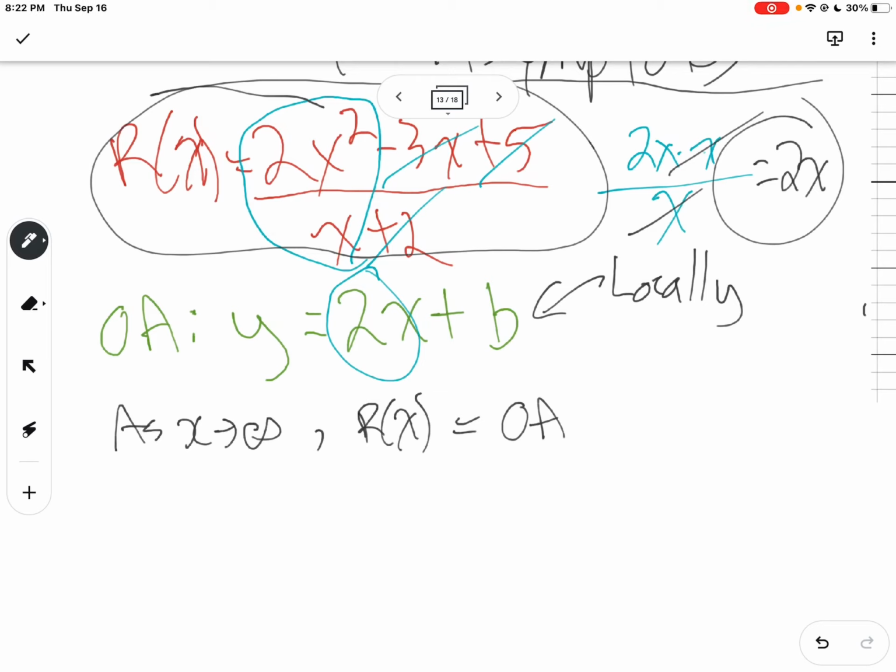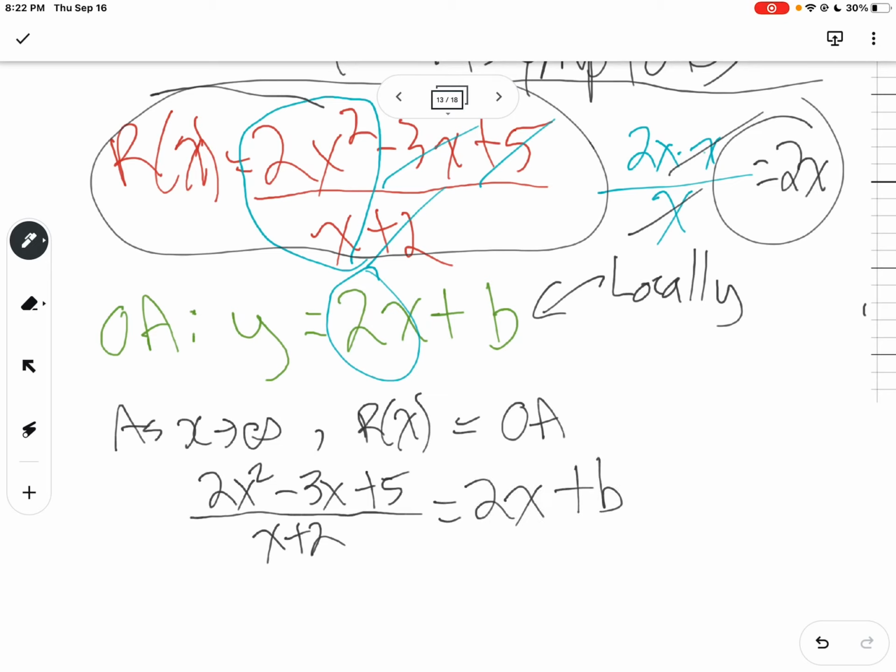I know that r of x is (2x squared minus 3x plus 5) divided by (x plus 2), and that equals the oblique asymptote, 2x plus b.